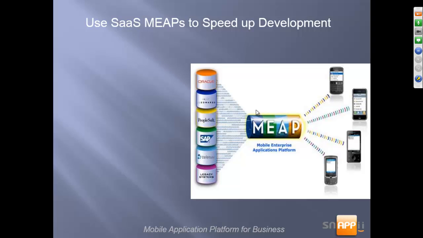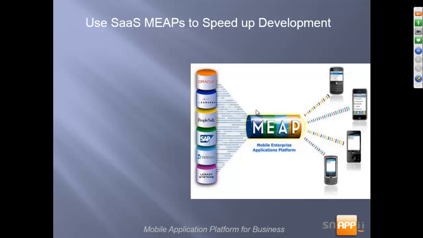Mobile application platforms have been created in response to people basically trying to accelerate mobile app development, right? And if you choose a good MEAP, it should really give you a significant acceleration on the mobile app development, as well as reduce the skill level that's necessary to develop mobile apps.